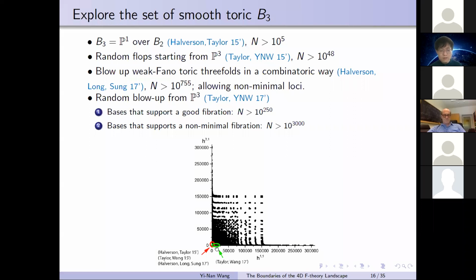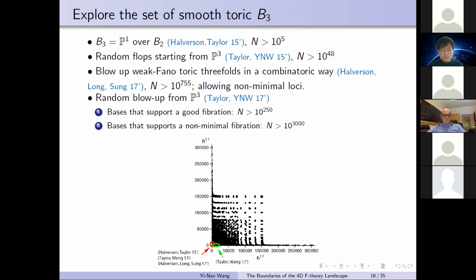So if you plot the Hodge numbers of Calabi-Yau fourfolds, you can see that they all lie very close to the origin, so the numbers are very small. And for the vast majority of this landscape, so for all these data points over here, they have not been studied yet. Okay.